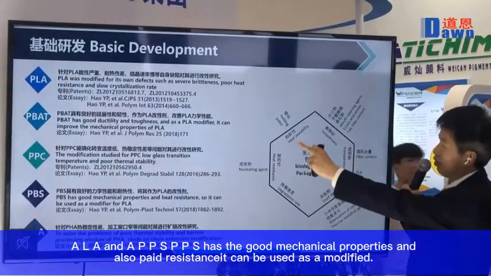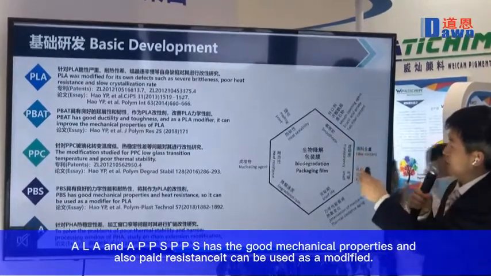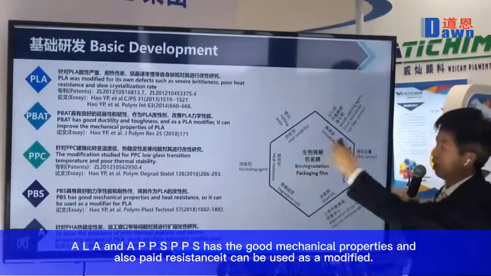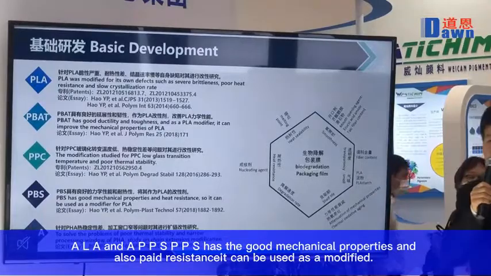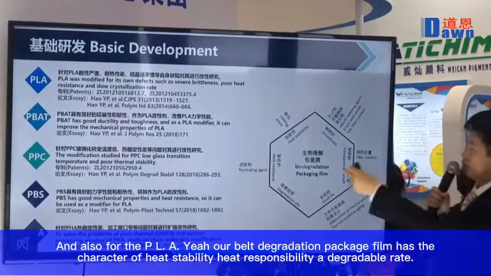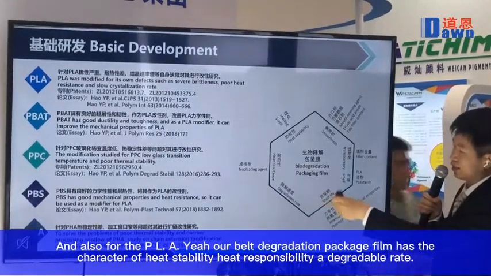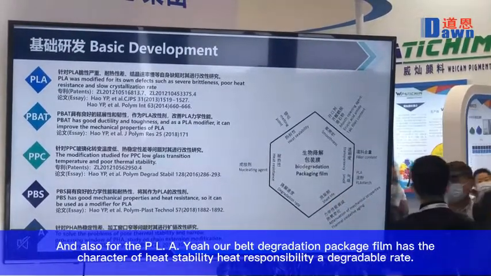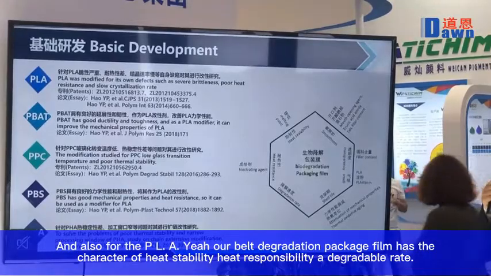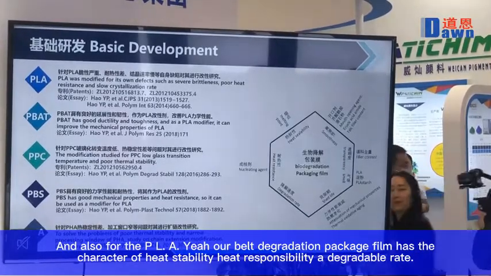PBS has good mechanical properties and heat resistance. It can also be used as a modifier for PLA. Our biodegradable packaging film has the characteristics of heat stability and a good degradation rate.